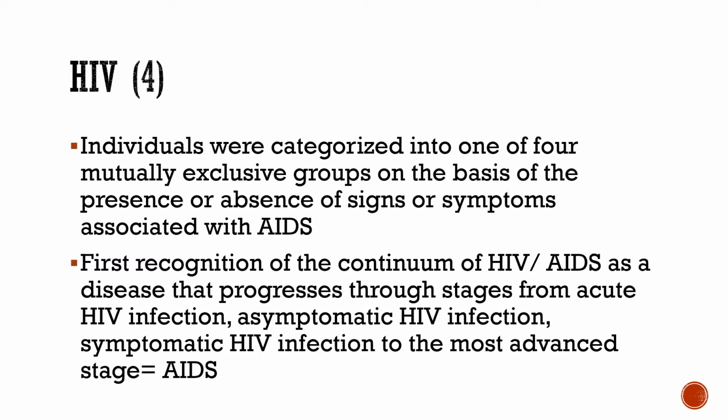The first recognition of the continuum of HIV/AIDS as a disease that progresses through stages from acute HIV infection, asymptomatic HIV infection, symptomatic HIV infection, to the most advanced stage, which is AIDS. So these are the 4 stages: acute HIV infection, asymptomatic HIV infection, symptomatic HIV infection, and then the advanced stage, which is when the client develops the AIDS virus.